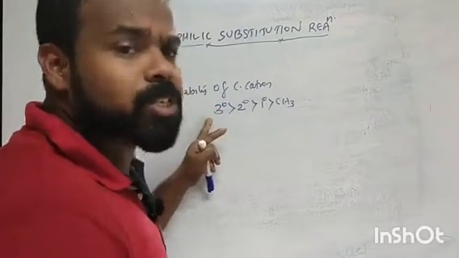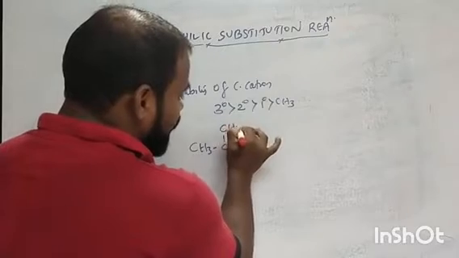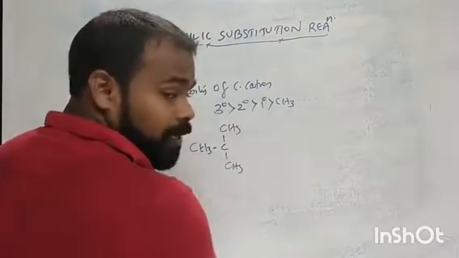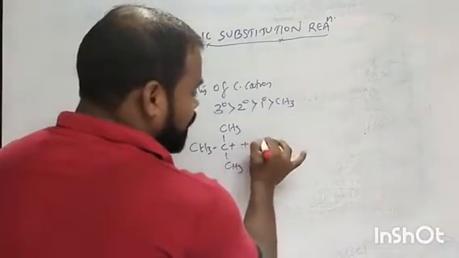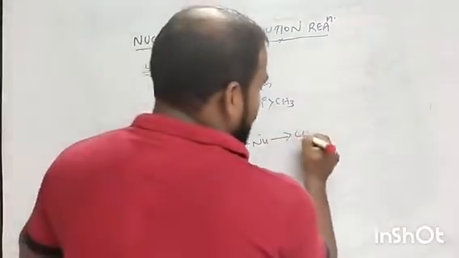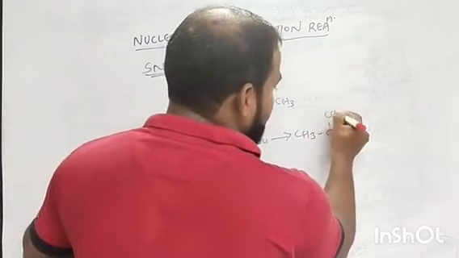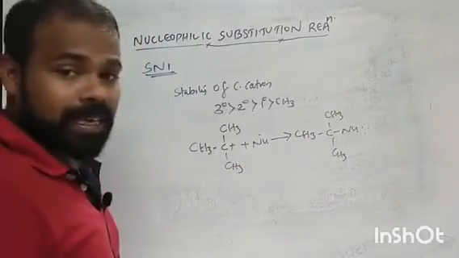In which case will the SN1 mechanism occur very fast? No doubt the tertiary case. Tertiary meaning a carbon with CH3, CH3, CH3, then here a positive charge, and here it may take on one nucleophile. The process will occur very fast and the product will be CH3-C-CH3-CH3 with Nu joined there.